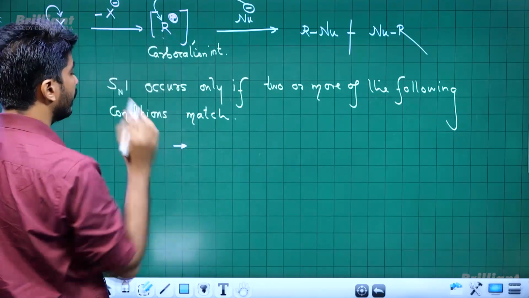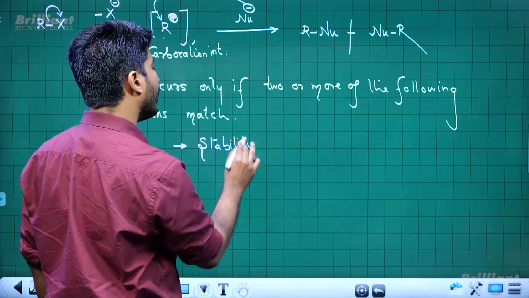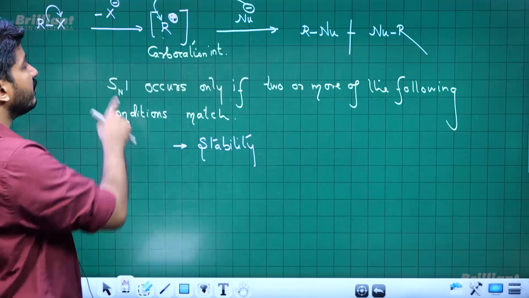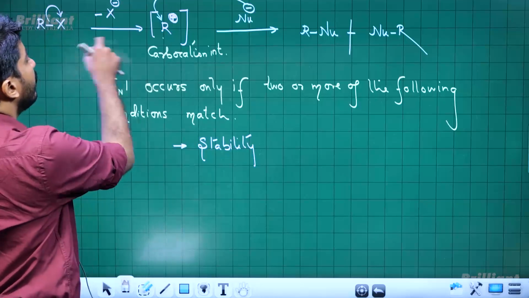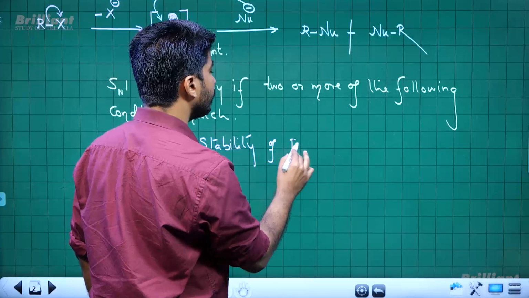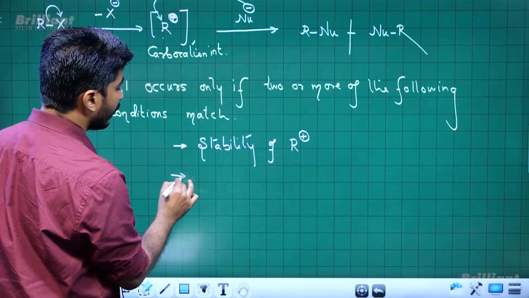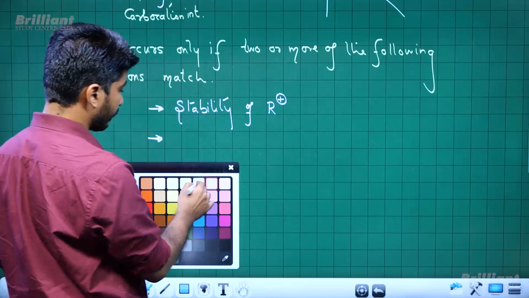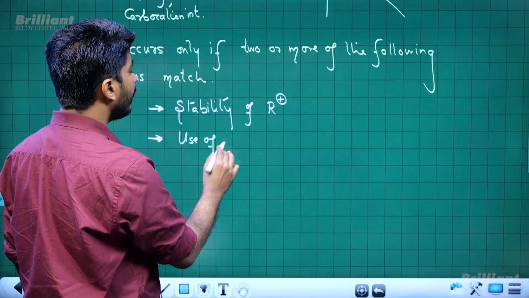First of all, stability of the carbocation. The carbocation is an intermediate of this mechanism, a product of the first step. It has to be stable. Then only step 1 happens, and then only SN1 can occur. So stability of R plus is the prime factor. Stability of carbocation, its principles we know from basics. And secondly, use of polar protic solvent.